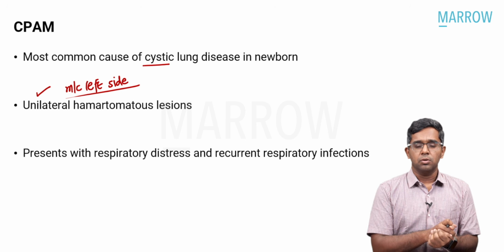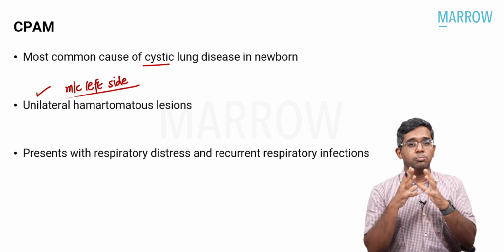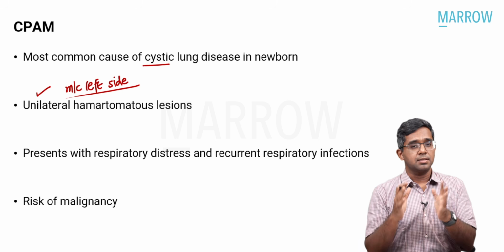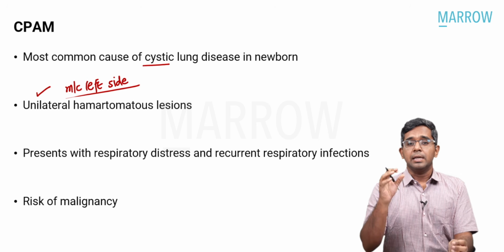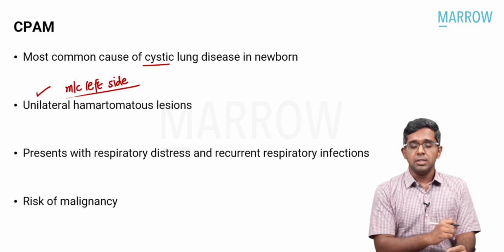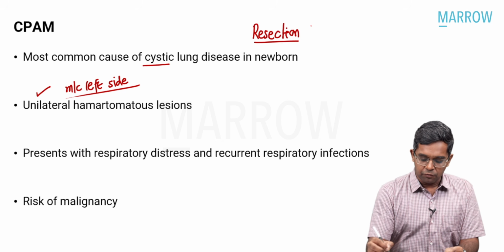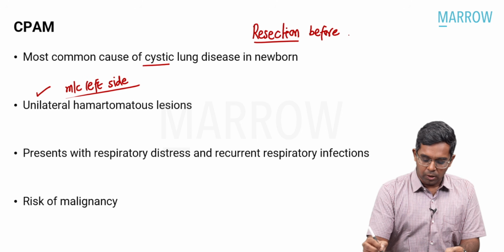That is exactly what was given in the question. Now, a most important clinical point is there is a risk of malignancy, either sarcoma or carcinoma, in the cystic areas. So, that is why all these children require resection of the malformation before 1 year of age.